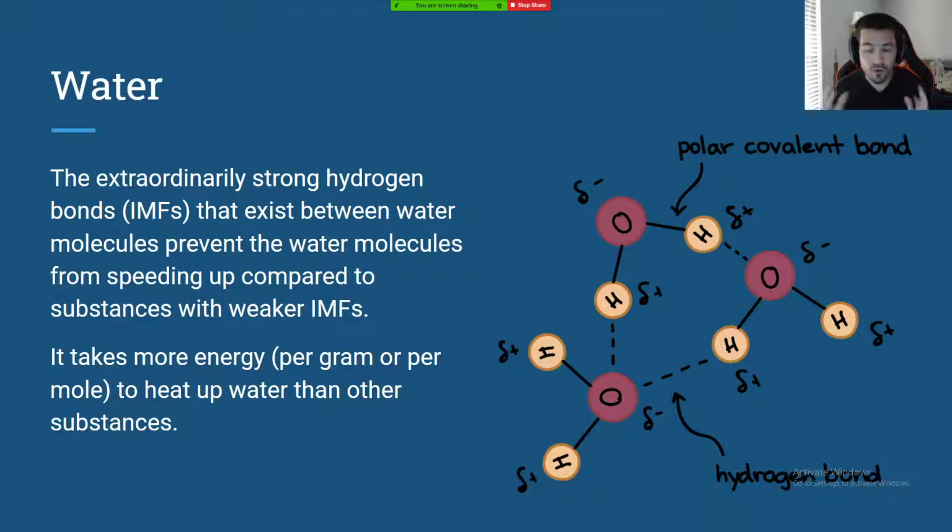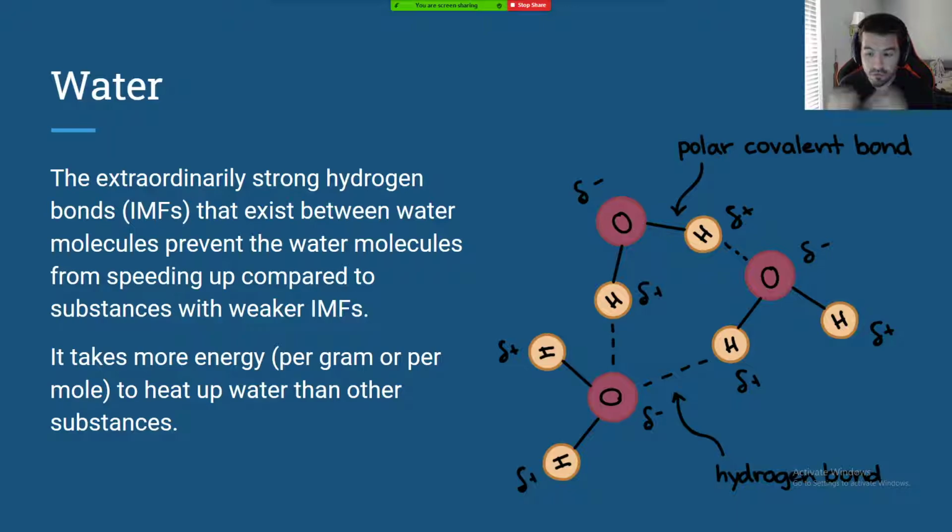Now, you have to keep in mind that temperature is a measure of the speed of the molecules. So it takes more energy to increase the temperature, to increase the speed of those molecules. It takes more energy per gram or per mole to heat up water than it does for everything else. Water has the highest heat capacity of pretty much any liquid.